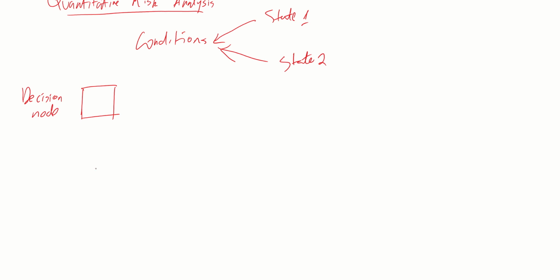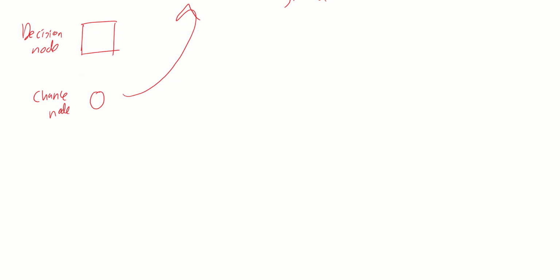The second symbol is the circle, and that denotes a chance node in the tree. That links to your conditions and the states. And the final symbol is the triangular symbol, and that denotes the endpoint.